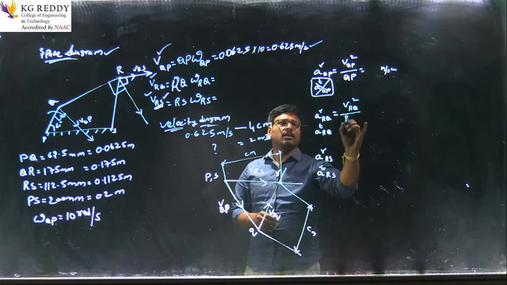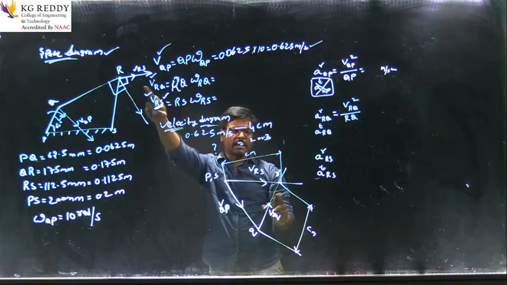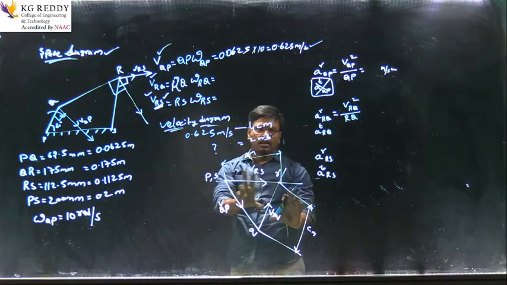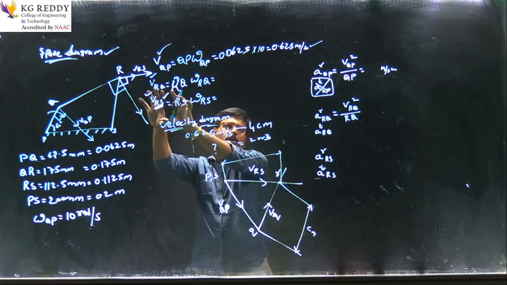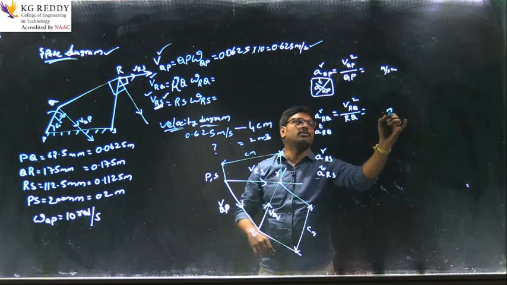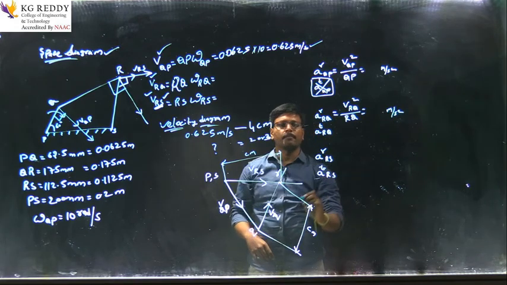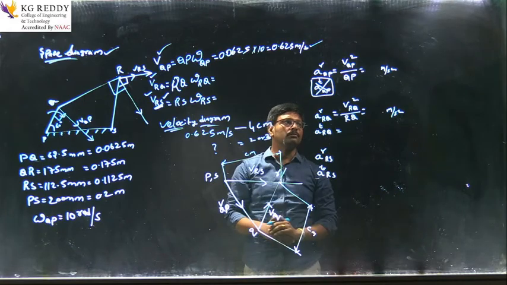These are the values that we get from the previous velocity diagram. We can get these values directly from there, in centimeters, and convert them into meter per second. Those are the values we got. So we can substitute directly here and we will get the values in meter per second square.